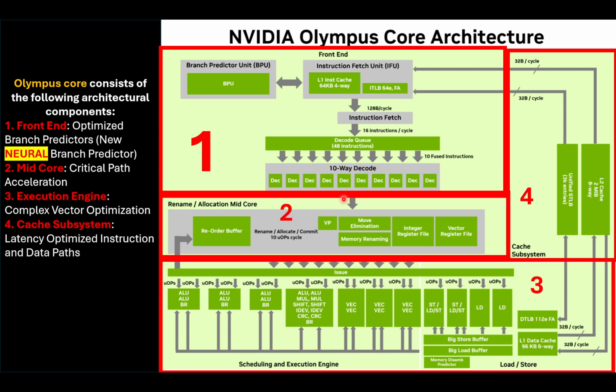We see that the 10-way decode goes down to the mid-core, and there are elements combined inside for various use cases: move elimination, memory renaming, and so on. Then the integer register file, probably a register file like in GPUs for storing data or instructions.